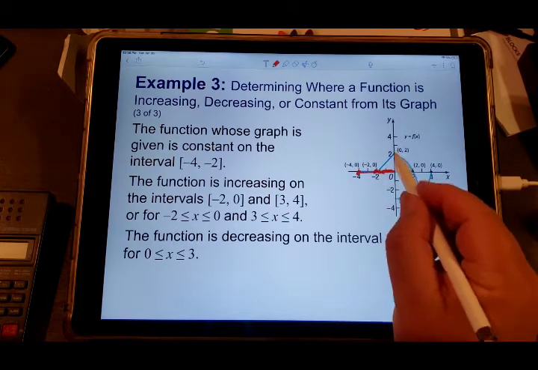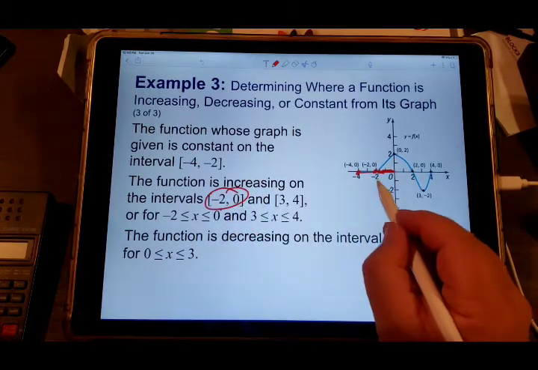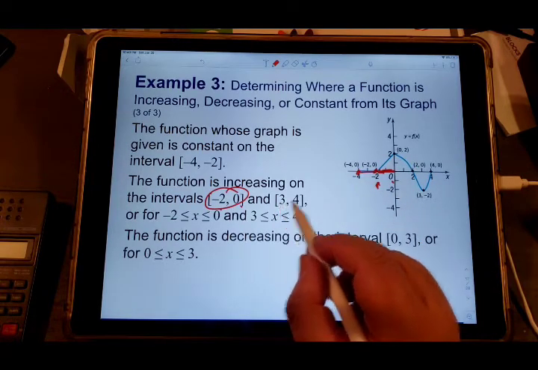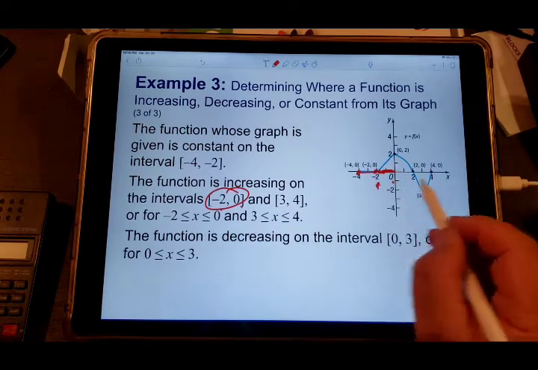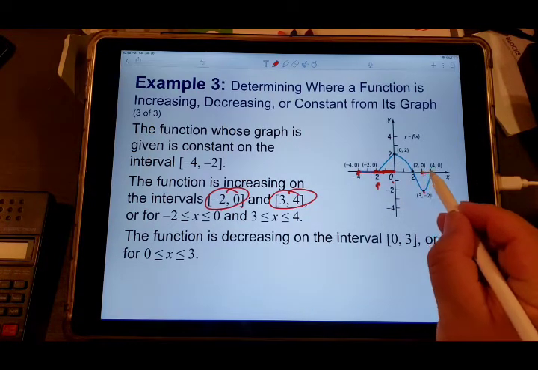So it's increasing, but I'm just looking here. It's increasing on the interval where the minimum is -2 and the maximum is 0. Then it decreases all the way from, well, it looks like it increases again from 3 to 4.